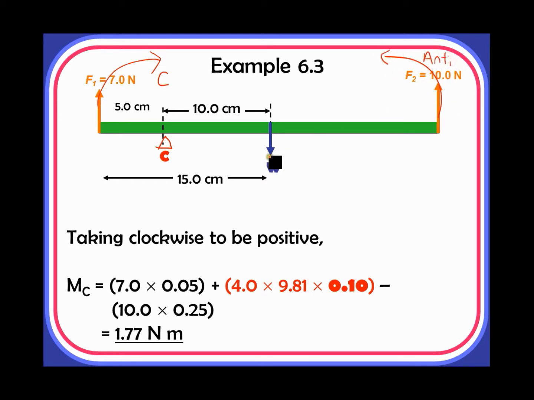And your W will always turn towards the pivot. So W will be a clockwise moment. So I have 2 clockwise moments and 1 anti-clockwise moment. So the resultant moment will be 1.77 Newton meter. So again, the beam is not balanced since the resultant moment is not 0.